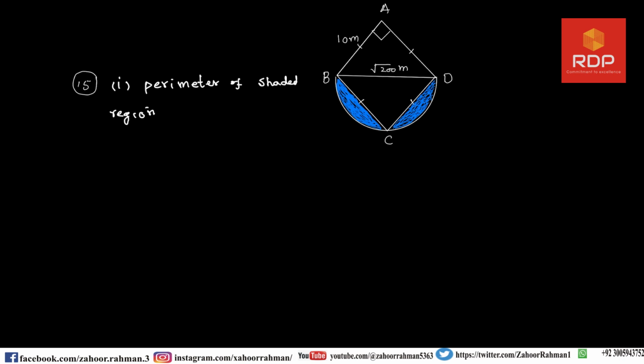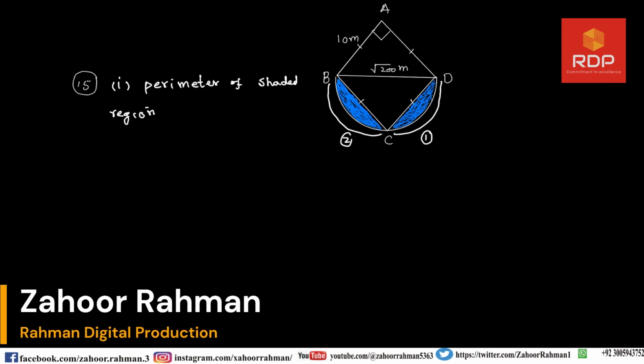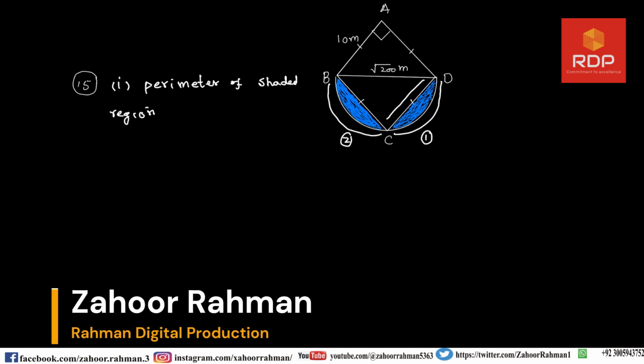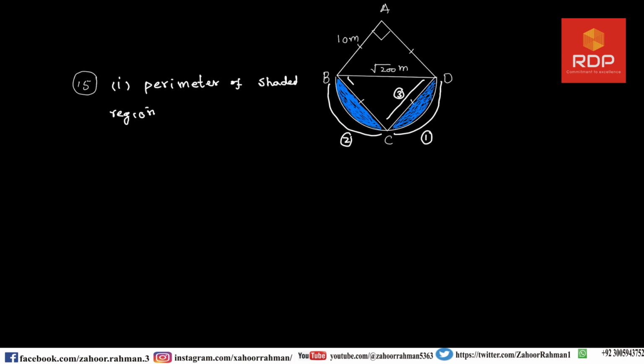First, let us talk about these two, this area and this area. This is area number 1 and this is area number 2, and this is area number 3, and this area, let us label it as area number 4.